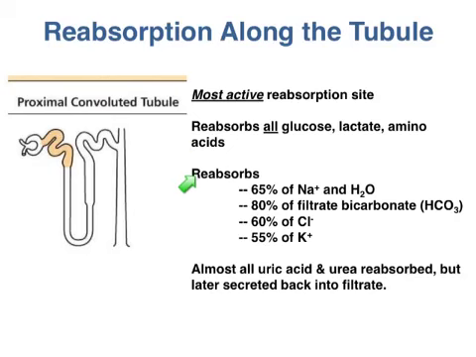You also get reabsorption of a lot of the water and sodium, reabsorption of bicarbonate, and reabsorption of other ions, chloride and potassium. You also, actually at this point, this is where you get some waste products being reabsorbed, uric acid and urea, even though much of that waste is later secreted back into the filtrate.